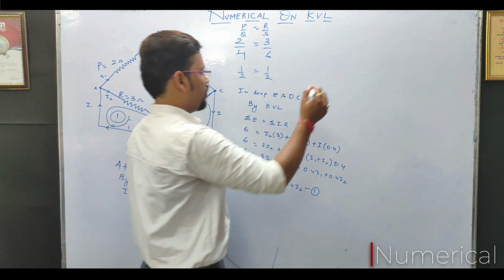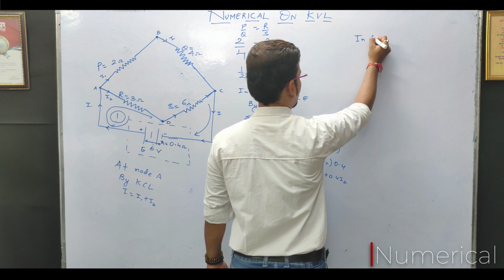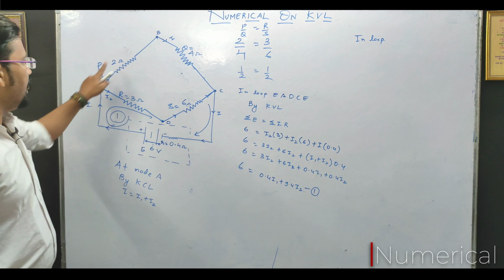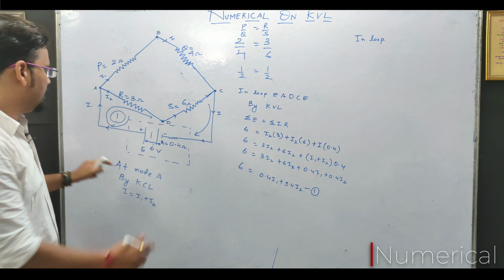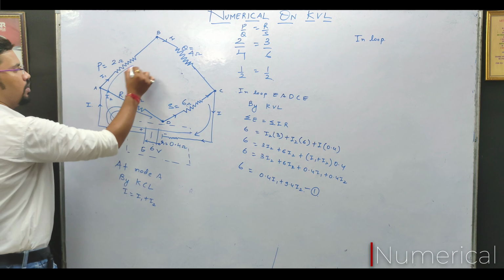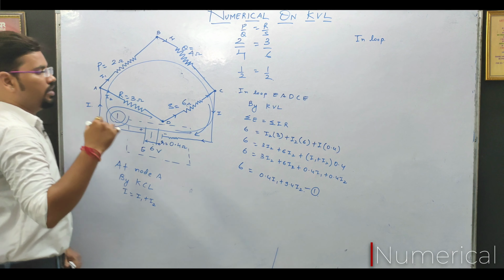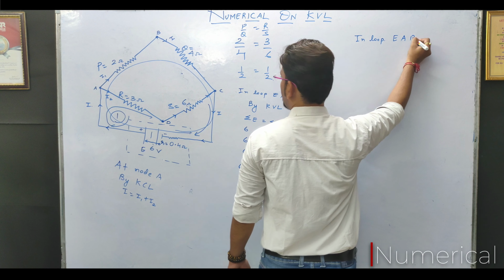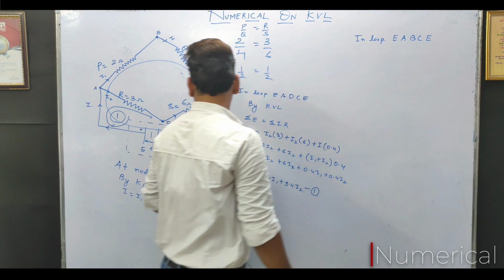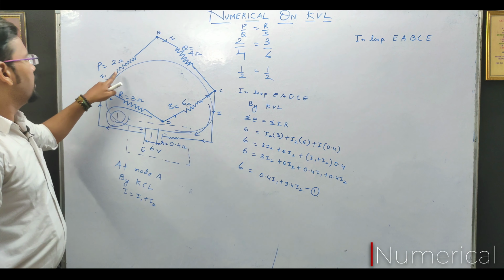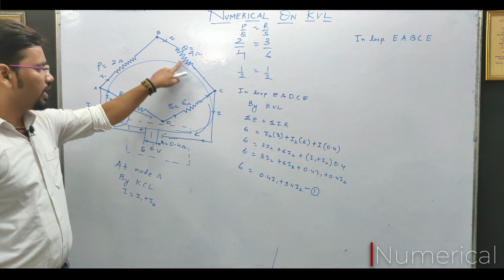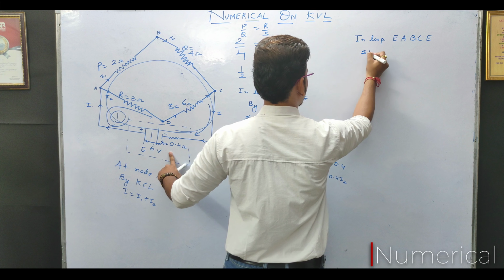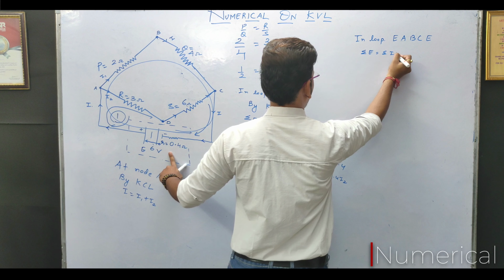Now in another loop, we'll take the loop as E, A, B, C, E, this entire loop. So in this loop, the EMF 6 volt is coming, resistors P and Q are coming and the internal resistance small r is coming. So again by KVL, sigma E is equal to sigma IR.